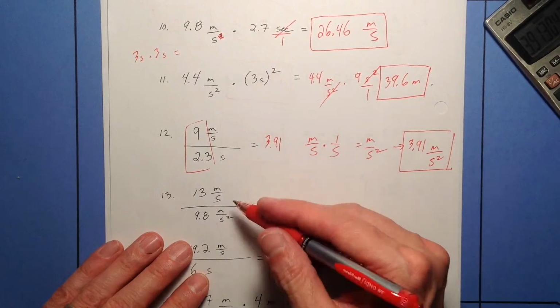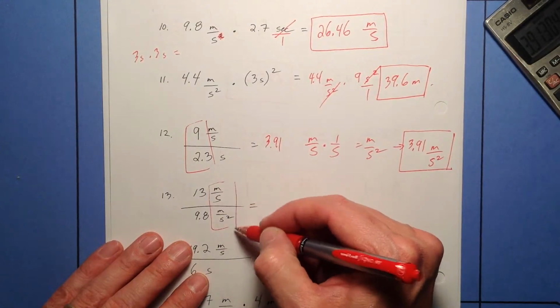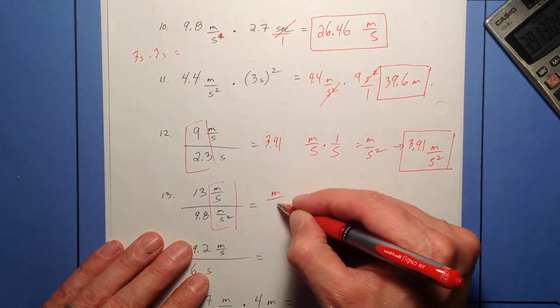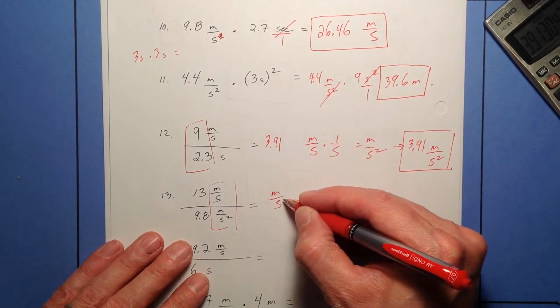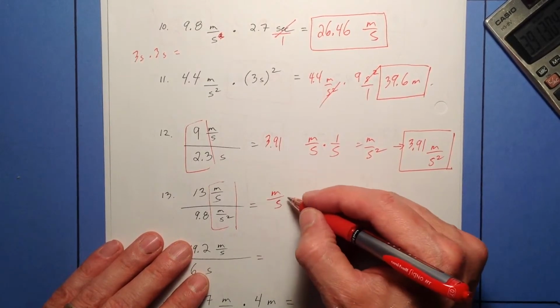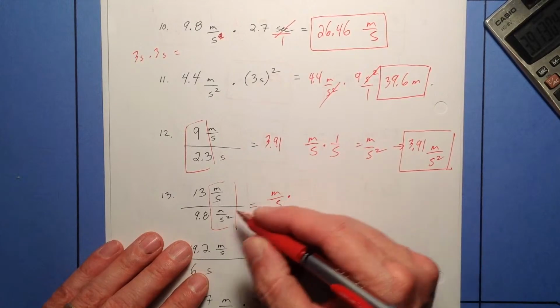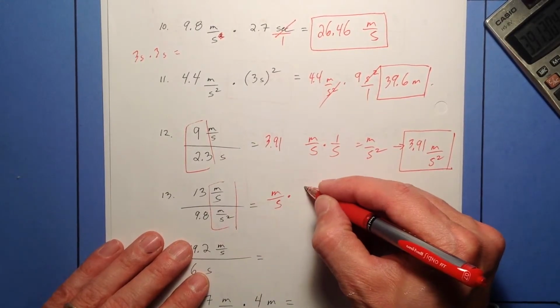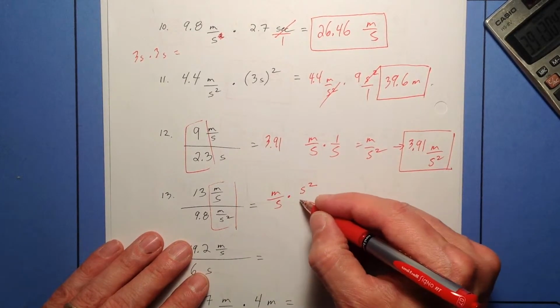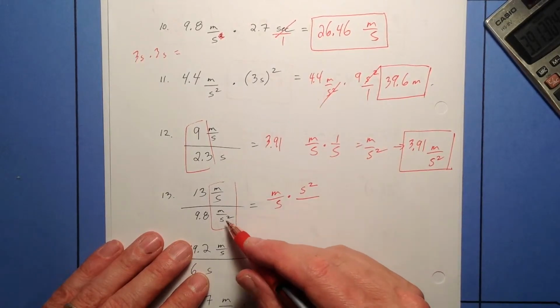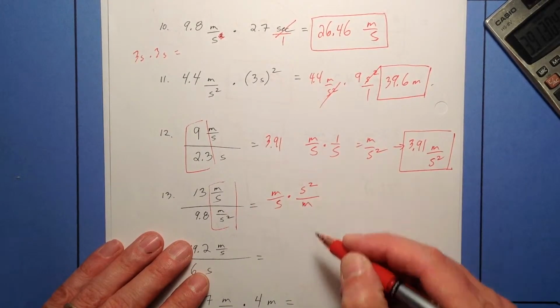Alright. Same thing here. This time I'm going to do the units first, but I am going to separate them out. Meters over seconds. Okay, keep, change, flip. Keep that. Change the division to a multiplication and flip this. So now I have second squared over meters. Now watch this.